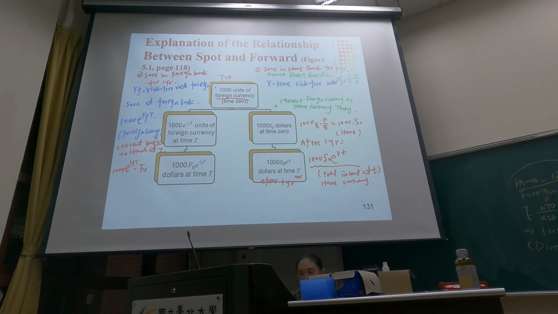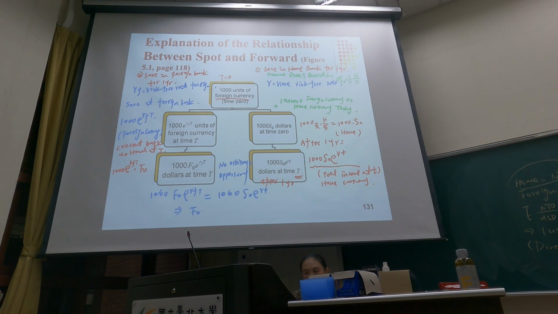If there is no arbitrage opportunity, 1,000 F0 E^(RF T) should equal 1,000 S0 E^(RT). Agree? Cross out the 1,000.